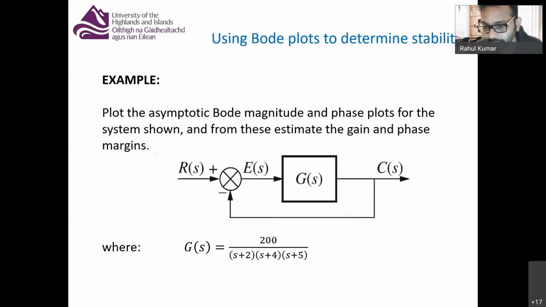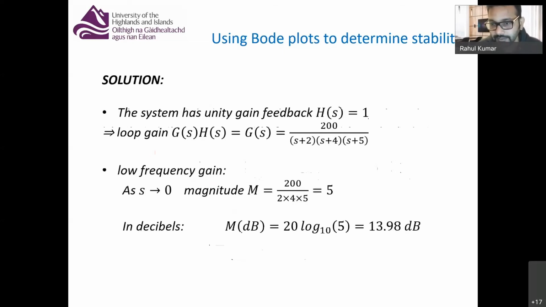Okay, so let's quickly go through how to plot the values. The first step would be to find the poles and zeros, and the second step would be to find the starting point. Okay, so in this solution I have started from the second step. It's okay, right?